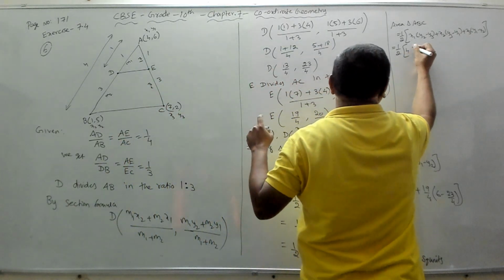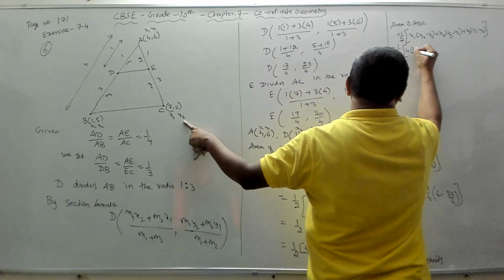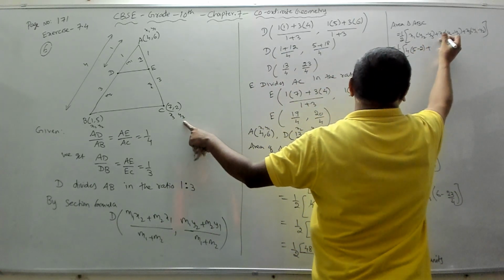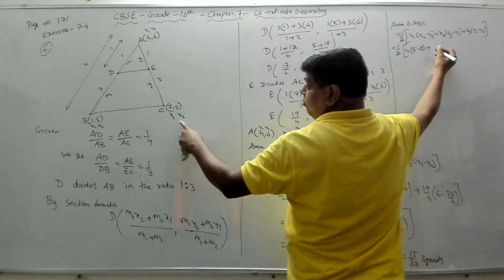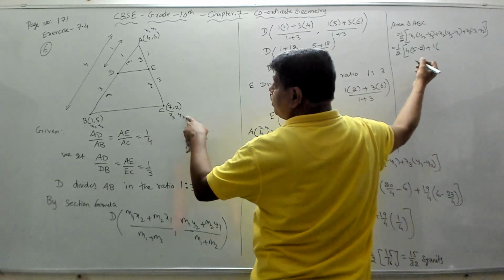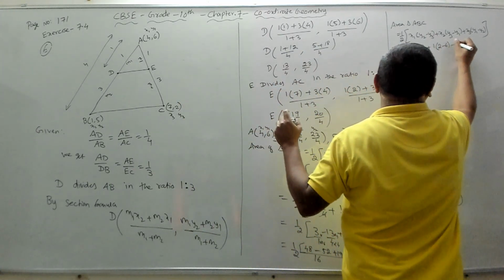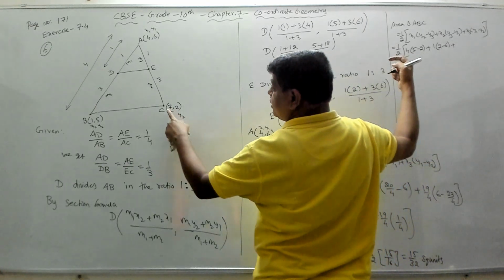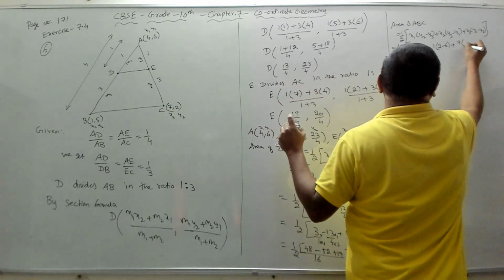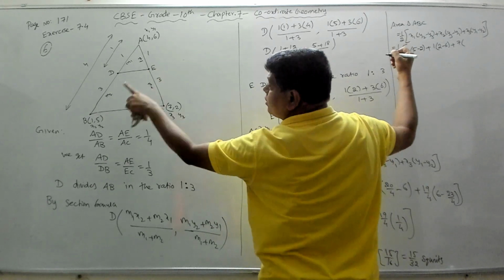Now let's apply. So x1 is 4 into y2 minus y3. y2 is 5, y3 is 2. So 5 minus 2 plus x2. x2 is 1 into y3 minus y1. y3 minus y1 is 2 minus 6, plus x3. x3 is 7 into y1 minus y2. So y1 is 6, y2 is 5.